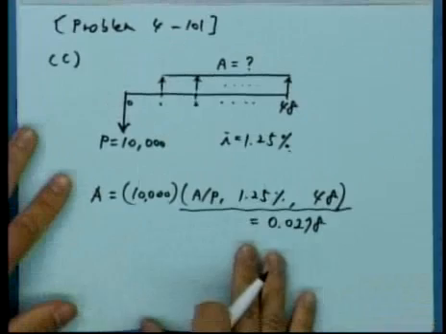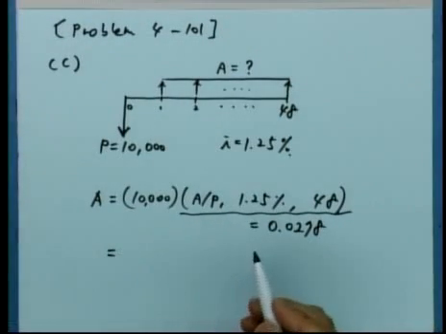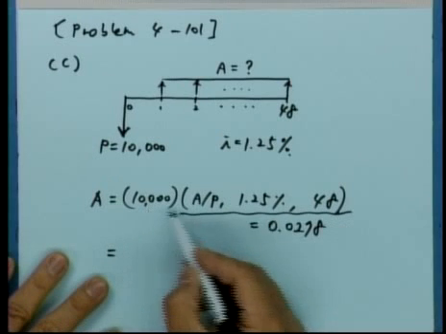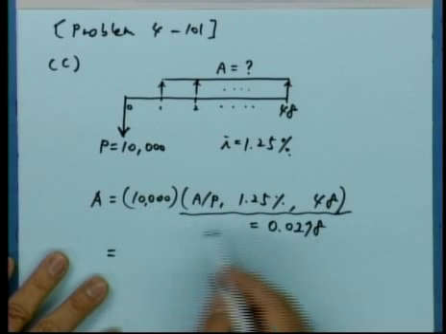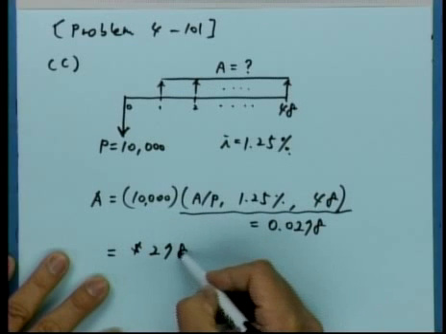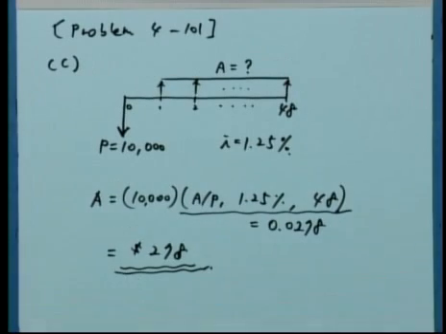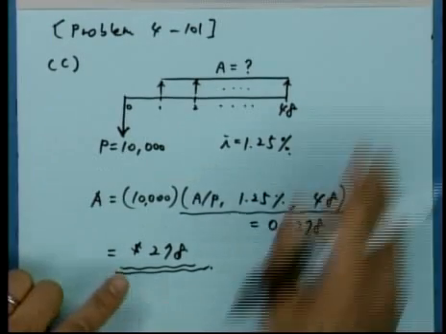Okay? Then how much is that? 10,000 times this. So it's going to be $278. Okay? So this is the answer. That is the monthly payment amount.